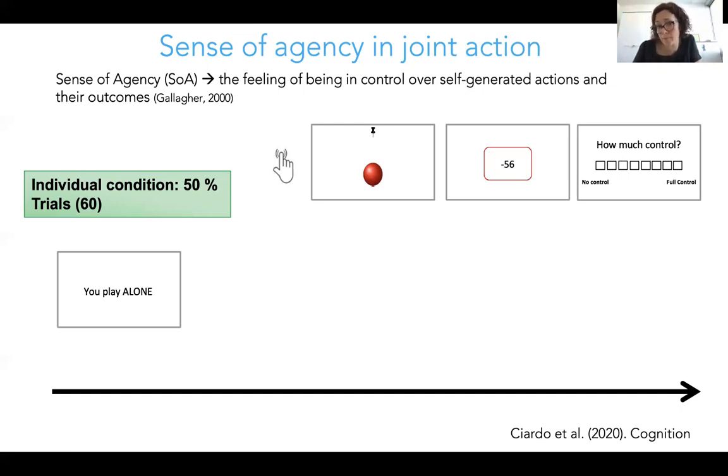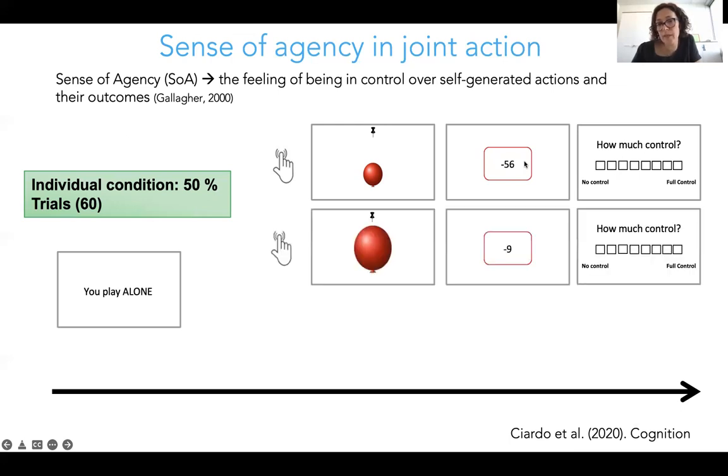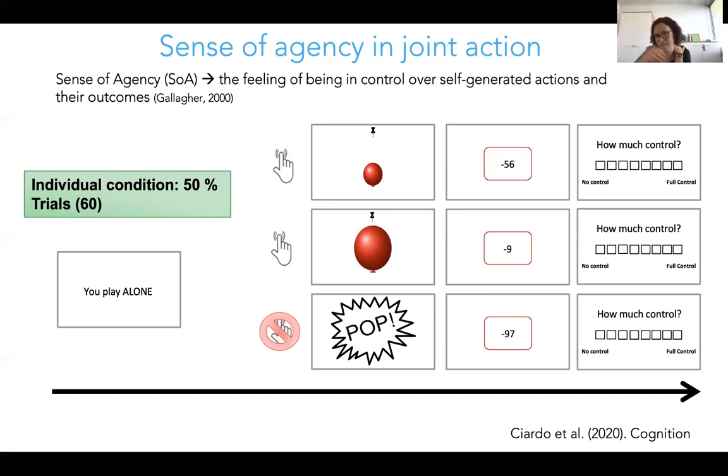You can stop the balloon by pressing a button. But if you stop too early, you also lose a lot of points. In this case, you will lose very few points because you waited long enough. So you took a lot of risk, but the balloon didn't burst. And of course, if it bursts, then you lose an enormous amount of points.